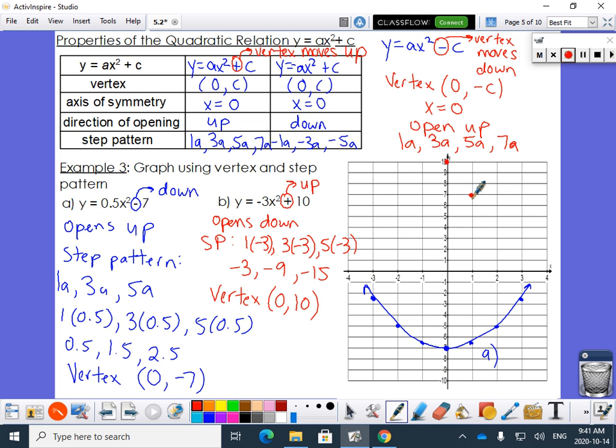Over 1, down 9. Over 1, down, okay, we won't have enough space for that, so no big deal. Over 1, down 3, over 1, down 9. That's as much as we'll be able to do.